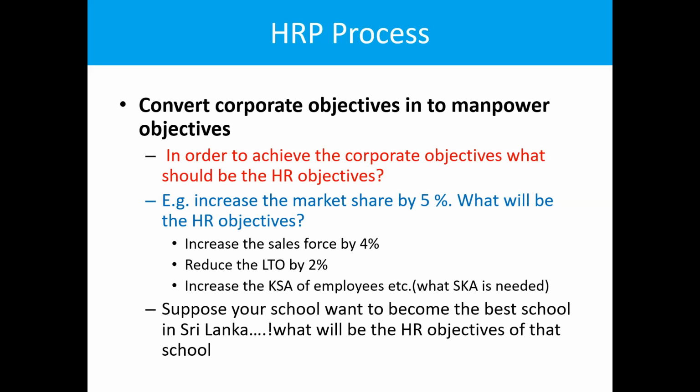So in order to increase the market share, more people will be needed. In that case, how can we convert it? Let's say, increase the recruitment by 2%, for example. Increasing recruitment is an HR objective in achieving the 5% market share.